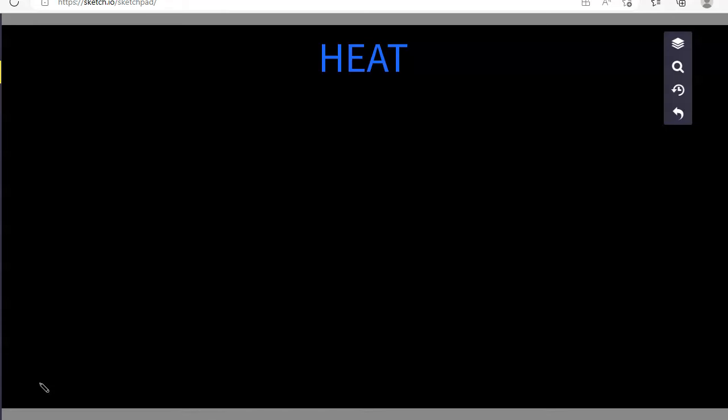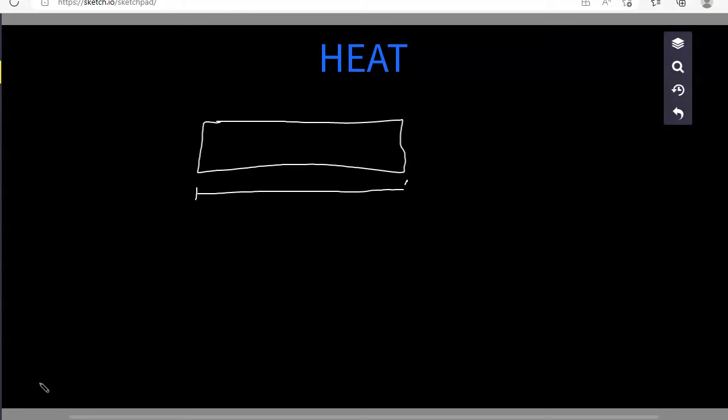I'm sure by now we all know how materials react to temperature increase. Let's say we have a material of length L. Initially, let's say the temperature is 20 degrees Celsius, and for some reason there is a change in temperature from 20 to 60 degrees Celsius.